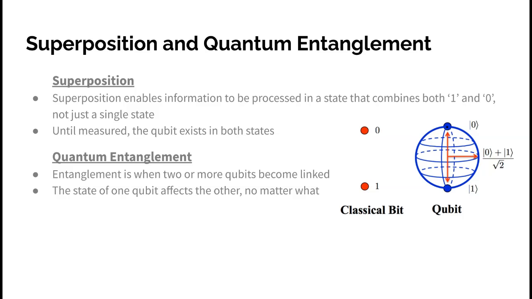And quantum entanglement: in the context of quantum computing, entanglement is when two or more qubits become linked, and the state of one qubit affects the other no matter what. You can create an entanglement using a quantum circuit, similar to a logic circuit when operating on bits.